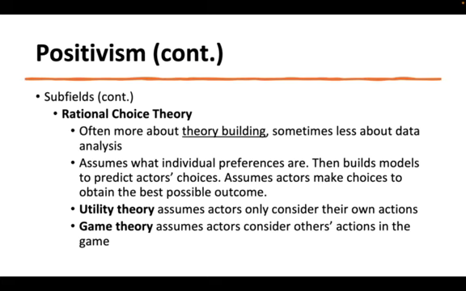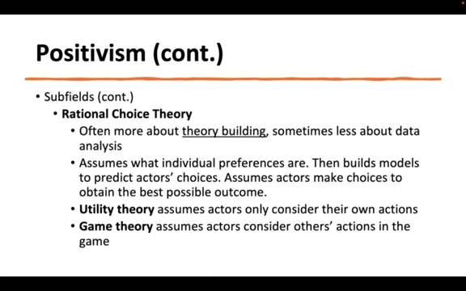Another type of positivism, theoretically speaking, is called rational choice theory. Rational choice theory tends to develop, as the word suggests, a rationale for why people behave the way that they do. In order to develop this rationale, we need to know what individual preferences are.